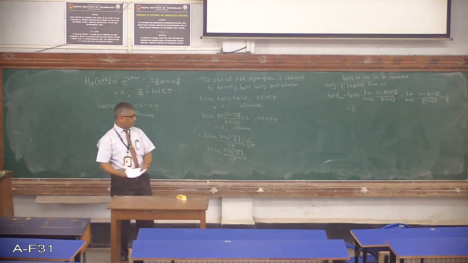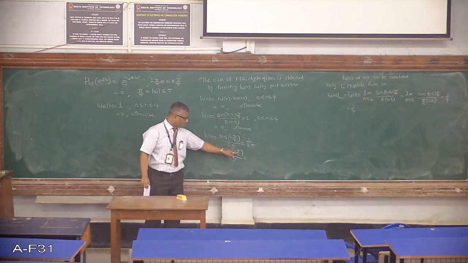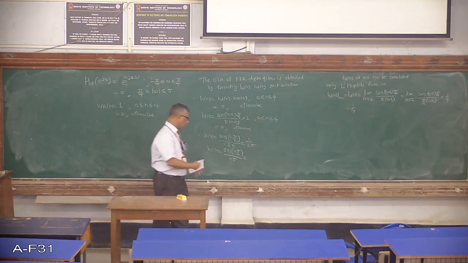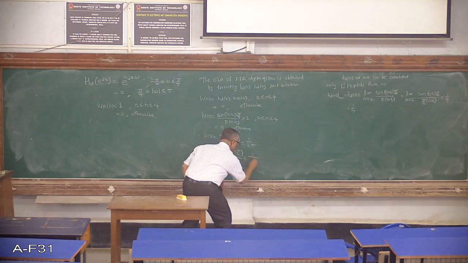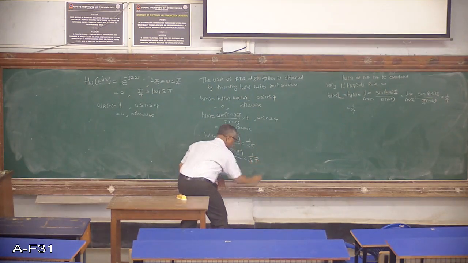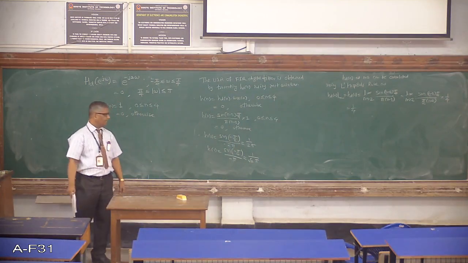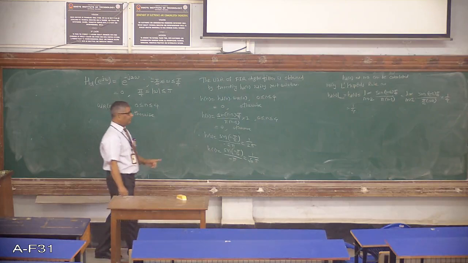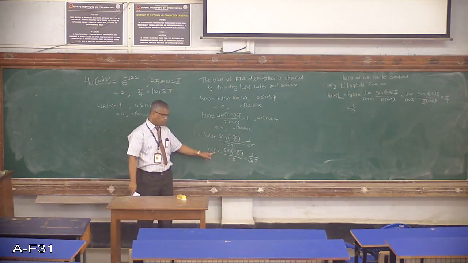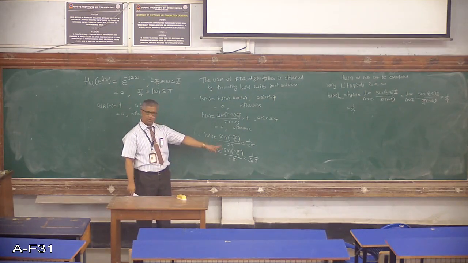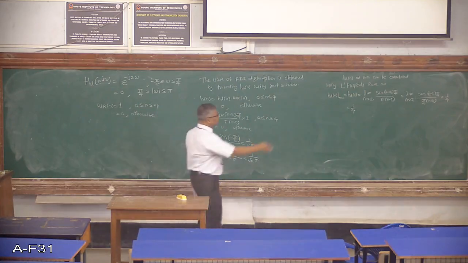You know the value of this, because sine of minus pi by 4 is minus sine pi by 4, and the ratio gives 1 upon root 2 pi. So the FIR digital filter coefficient at n is equal to 1 is 1 upon root 2 pi.